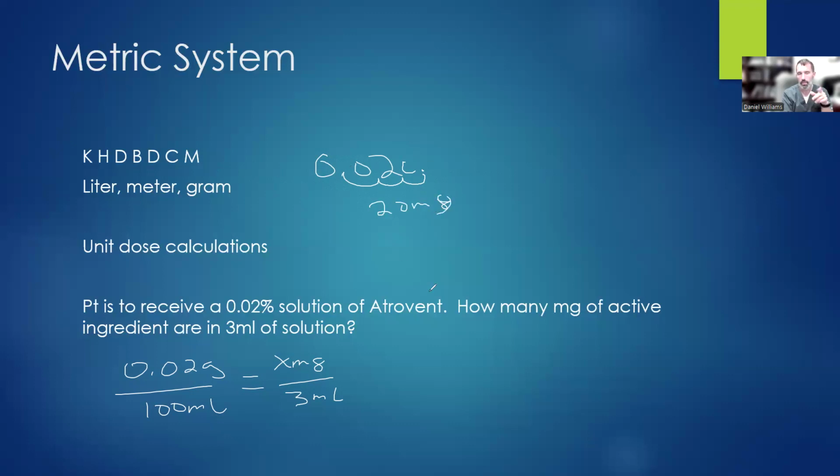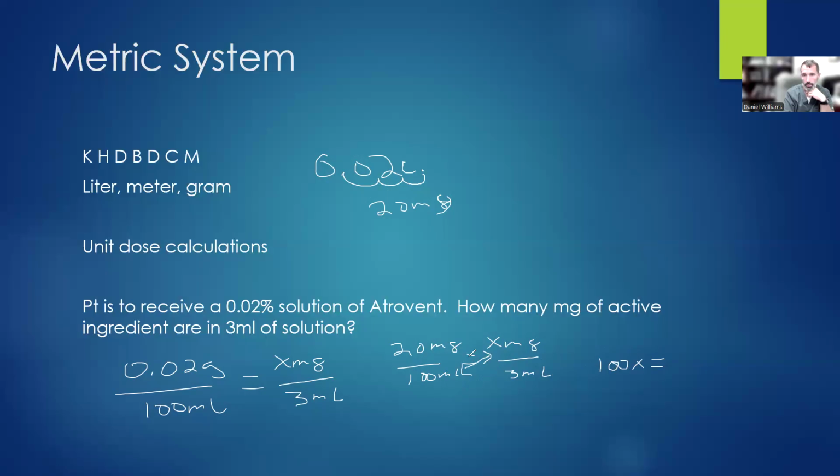So now we can plug that into our formula down there. We'll rewrite the formula as follows. 20 milligrams over 100 milliliters equals X milligrams over 3 milliliters. Now all you've got to do is cross multiply. So 100 times X ends up being 100X. Set that equal to the next cross multiplication.